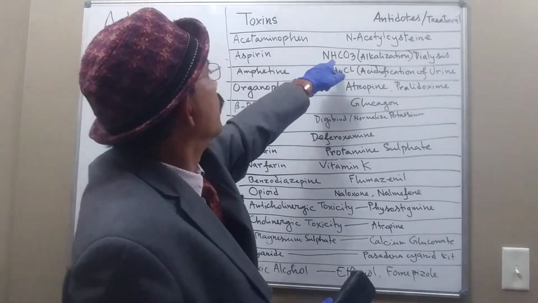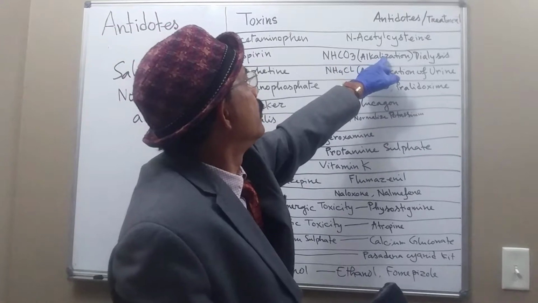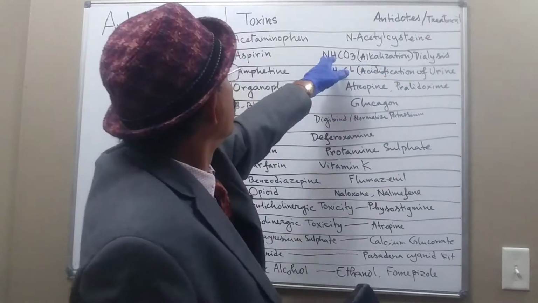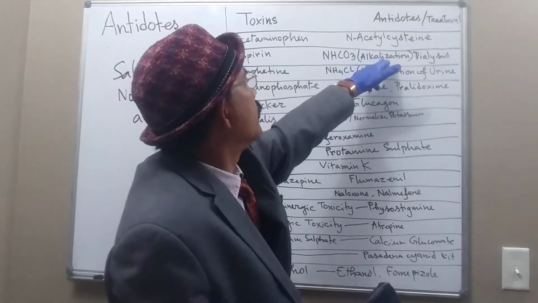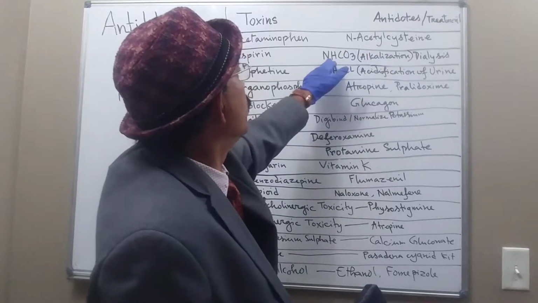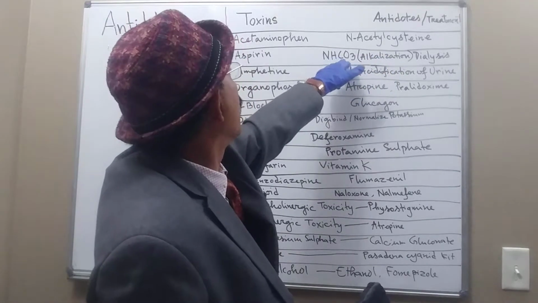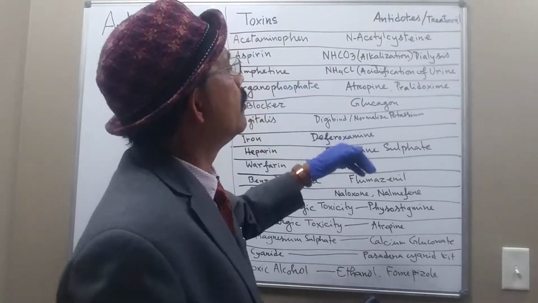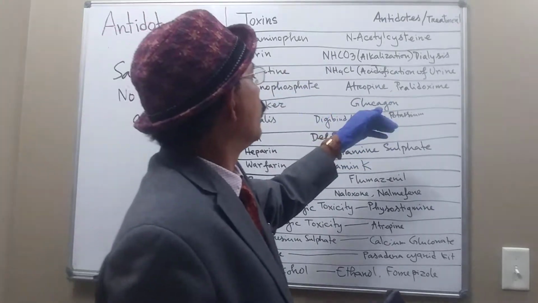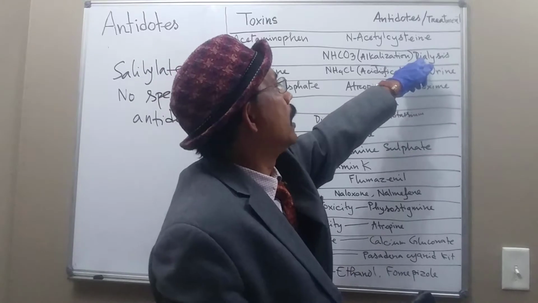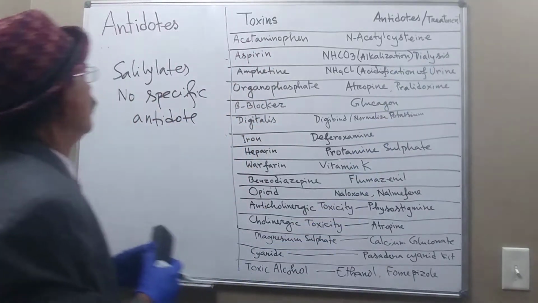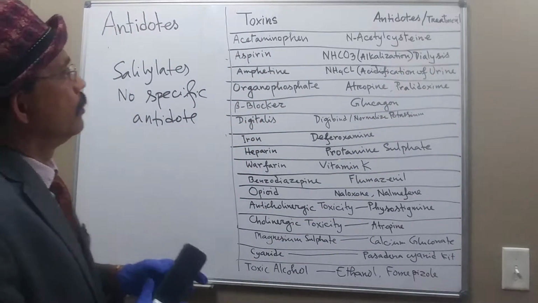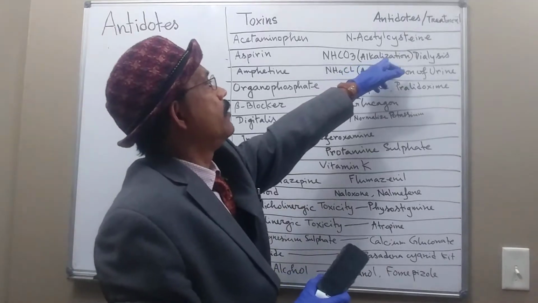We will alkalinize the system of that person. We give sodium bicarbonate so that aspirin can be excreted through the urine very quickly, and we can do dialysis. Okay, so it is alkalinization.